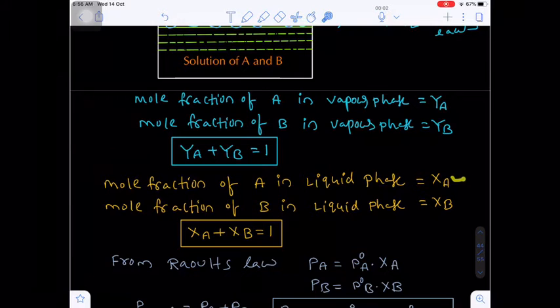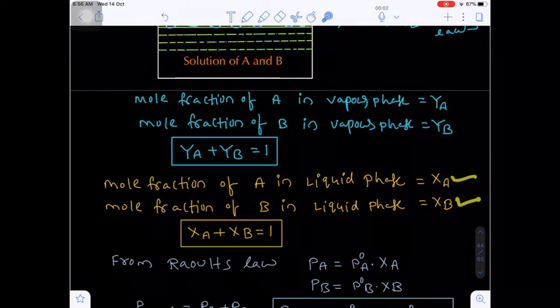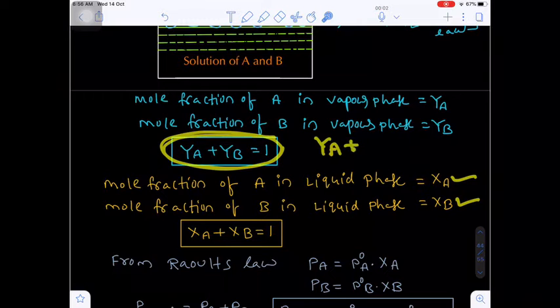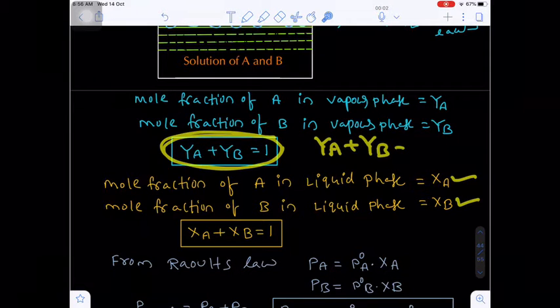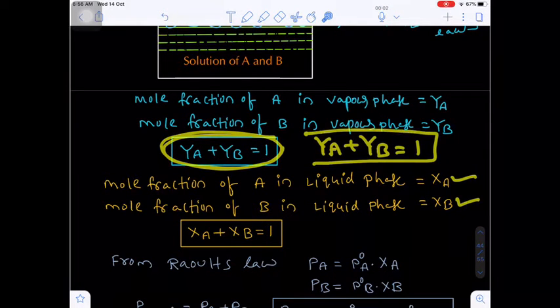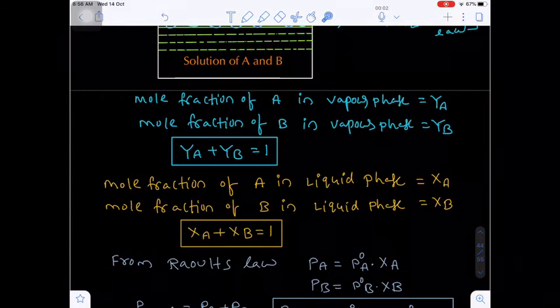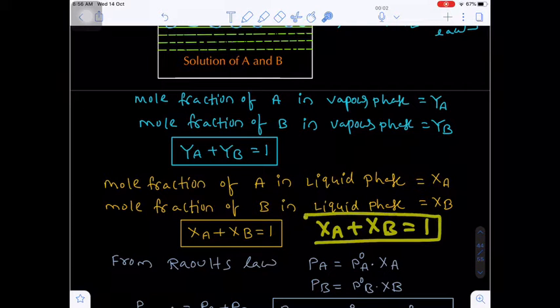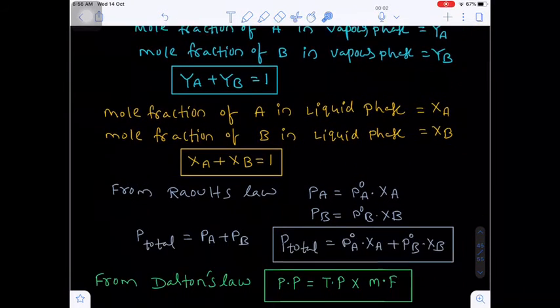Whereas in the solution phase, the mole fraction of component A will be Xa and component B will be Xb. We know the sum of the mole fractions is always equal to unity. So the mole fraction of component A in the vapor phase Ya and component B in the vapor phase Yb equal to unity. And similarly the mole fractions Xa and Xb in the liquid phase, in the solution phase, equal to what?